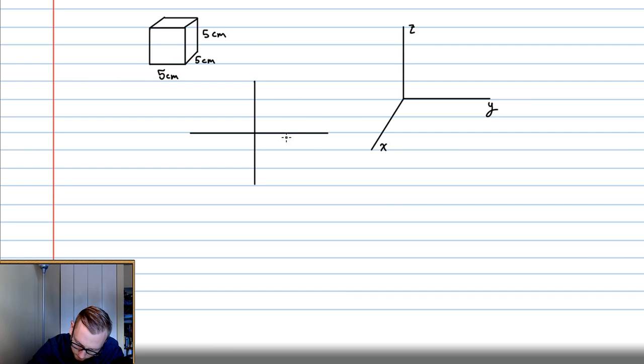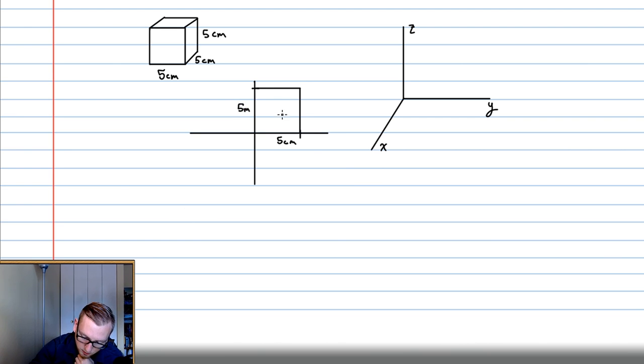So let's say it's 5 and 5. Here's a 5, and this is close to 5, maybe. Pretty close. Not bad. So this is a distance of 5 centimeters, and this is a distance of 5 centimeters.